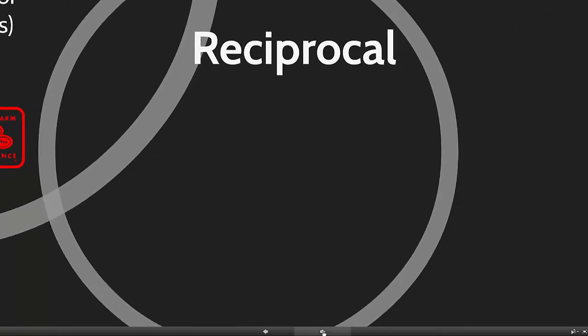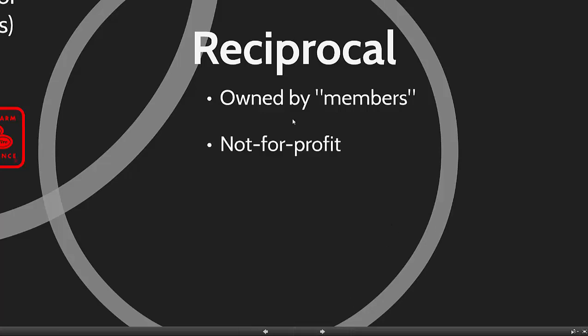Now let's talk about the reciprocal form of insurance organization. First of all, the reciprocal form is owned by its members. So it's somewhat similar to a mutual company in that the people that are insured by the organization are also part owners in the organization. So a reciprocal is most like the mutual form of company. It is not for profit, however, so that makes it different from a mutual company.